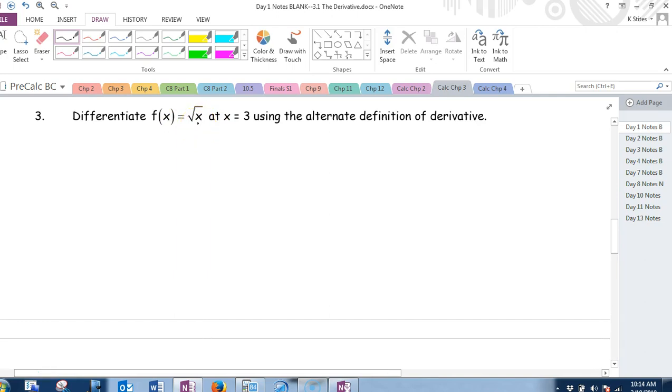We're going to differentiate f of x equals square root of x at x equals 3. We're going to use the alternate definition.